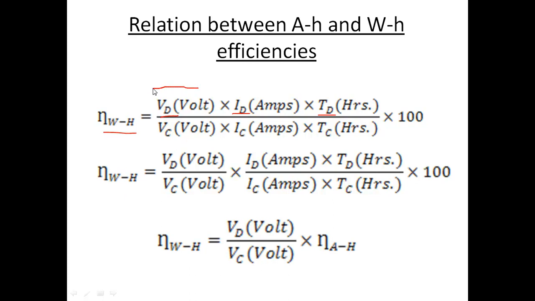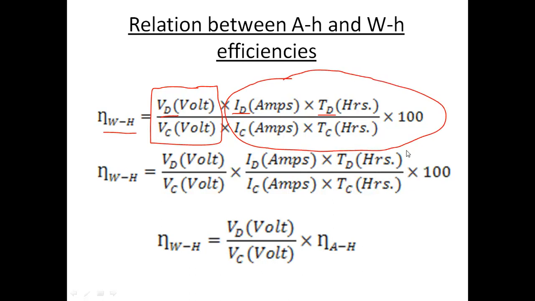Therefore, if we separate this VD by VC, the rest of the terms give us the ampere hour efficiency. So watt hour efficiency is equal to VD by VC into eta AH. So this is the relation between ampere hour and watt hour efficiency. Now let us move on to some numerical problems.